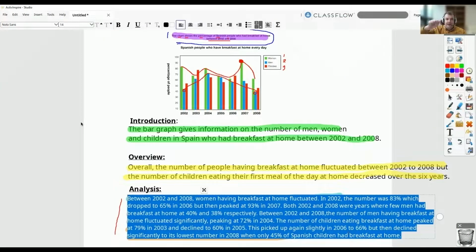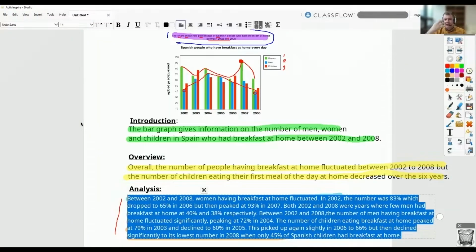What's the date? What kind of numbers are we looking at? What groups of people are we talking about? Is it a specific place? Is it Spain? Is it the UK? Is it India? We need to understand all of these details. And then we zero in on the data and we highlight the key points, the highest, the lowest, the trends, anything that jumps out at you, anything interesting you want to talk about.